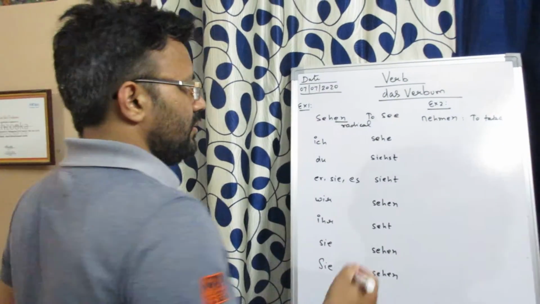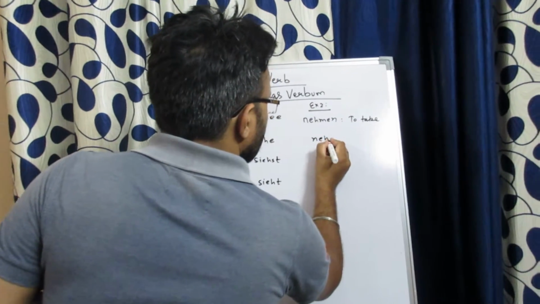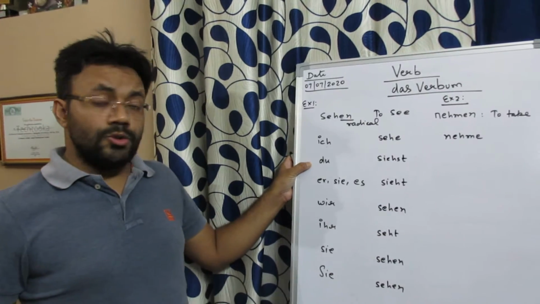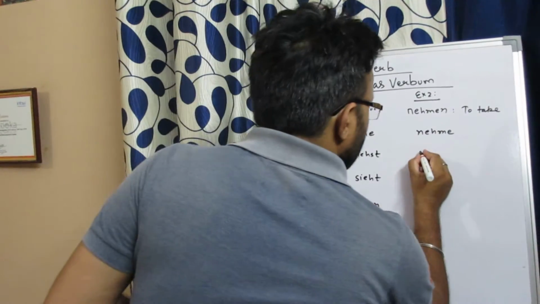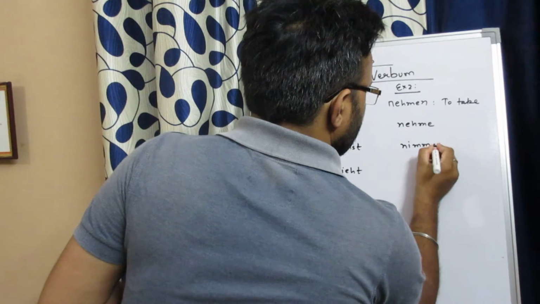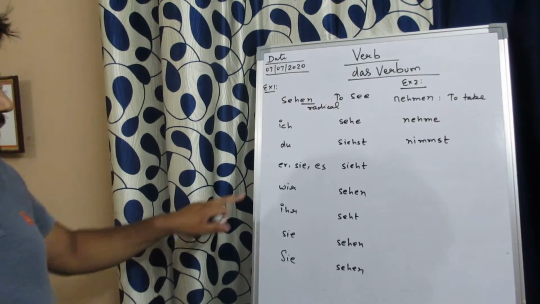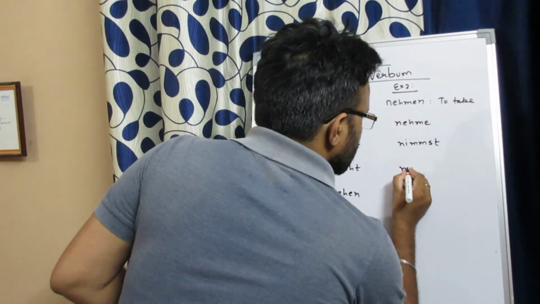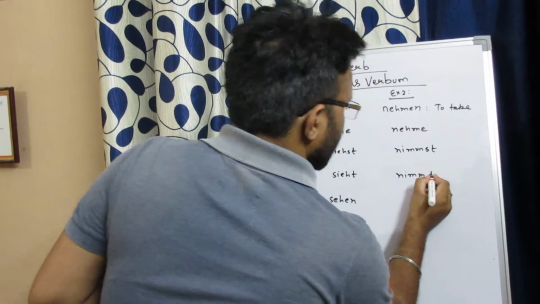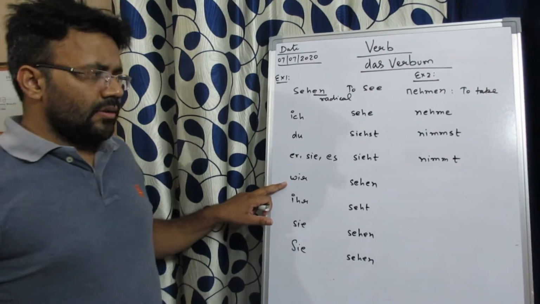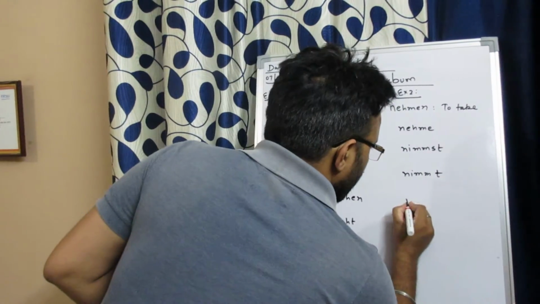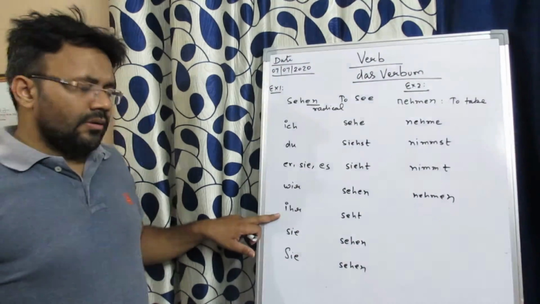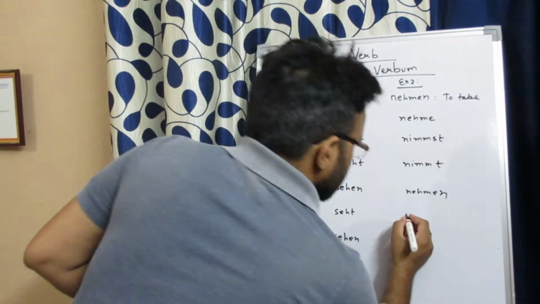First one is ich nehme. The next is du, we write nimmst. Next, with sie, es, it looks like nimmt. Then we have wir, so again it's the original form, nehmen. Then with ihr, it looks like nehmt.